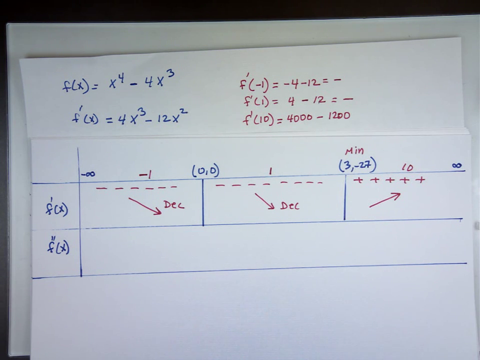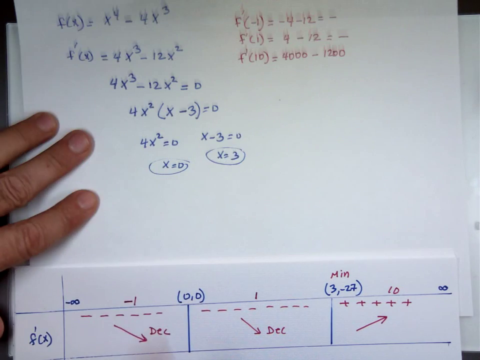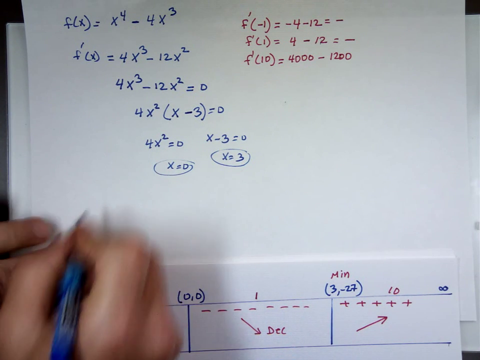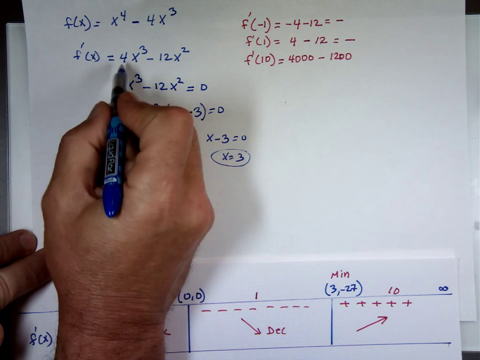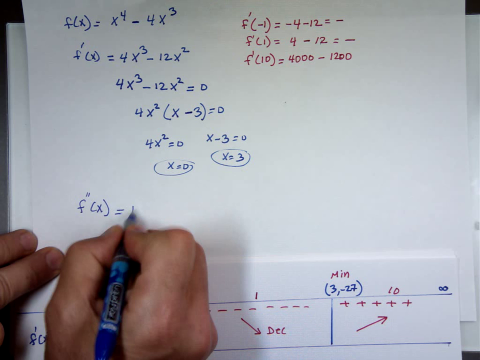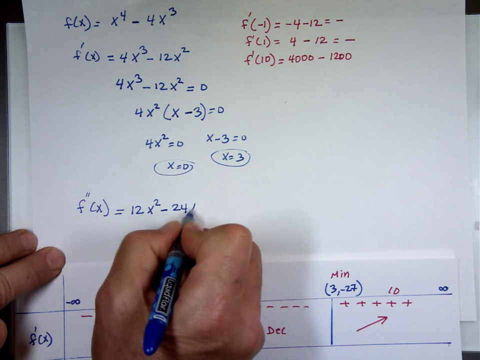Now let's do the second. I'm done with the first derivative. There's nothing else to do. So I need to take the second derivative. I can probably fit it on this page. What's 4 times 3? 12x squared minus what? 24x. Again, take it and set it equal to 0.